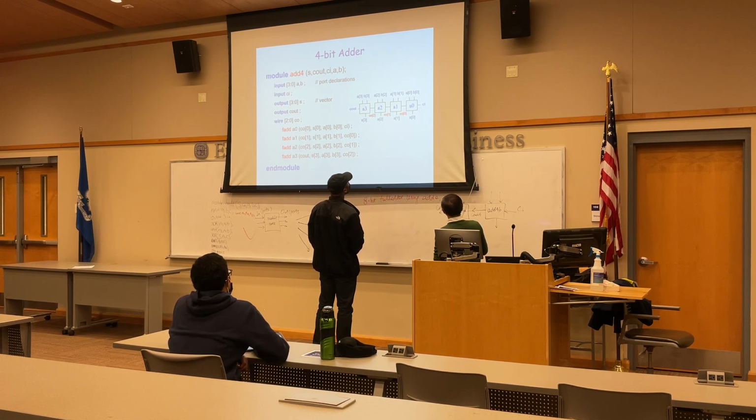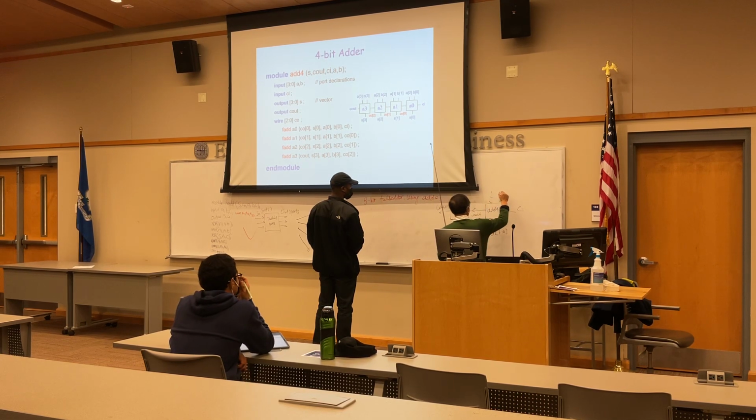So in this way, we say that this is actually 1 bit, 4-bit input, 4-bit input. And together we say this one is S. S3 down to 0, and this S7 down to 4.